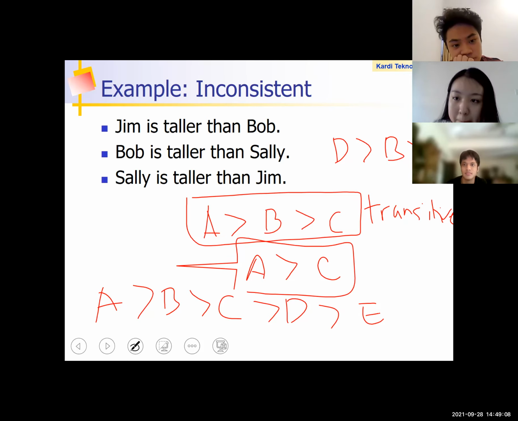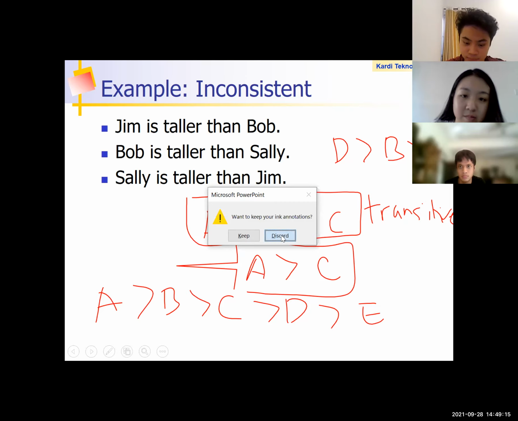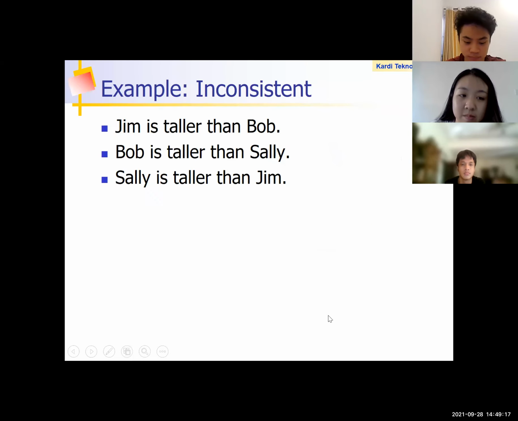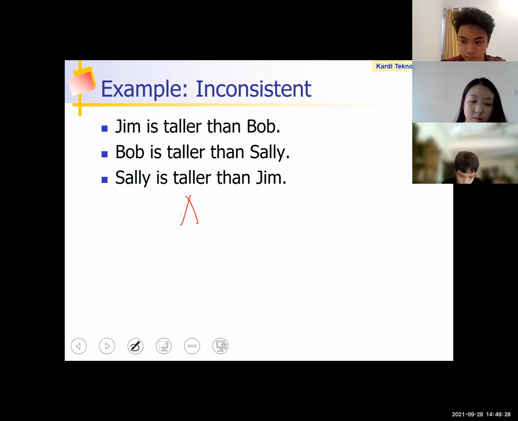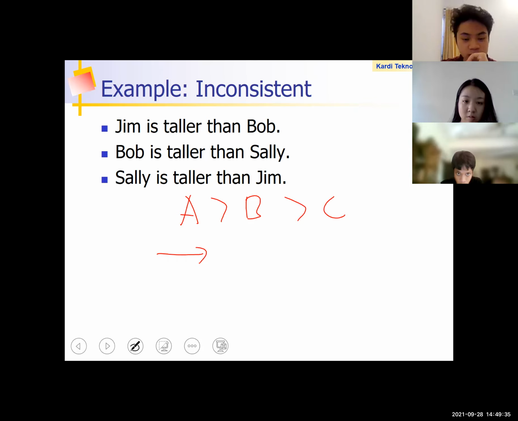Okay, next question. If A is larger than B and B is larger than C, you conclude that A is larger than C, to be consistent.